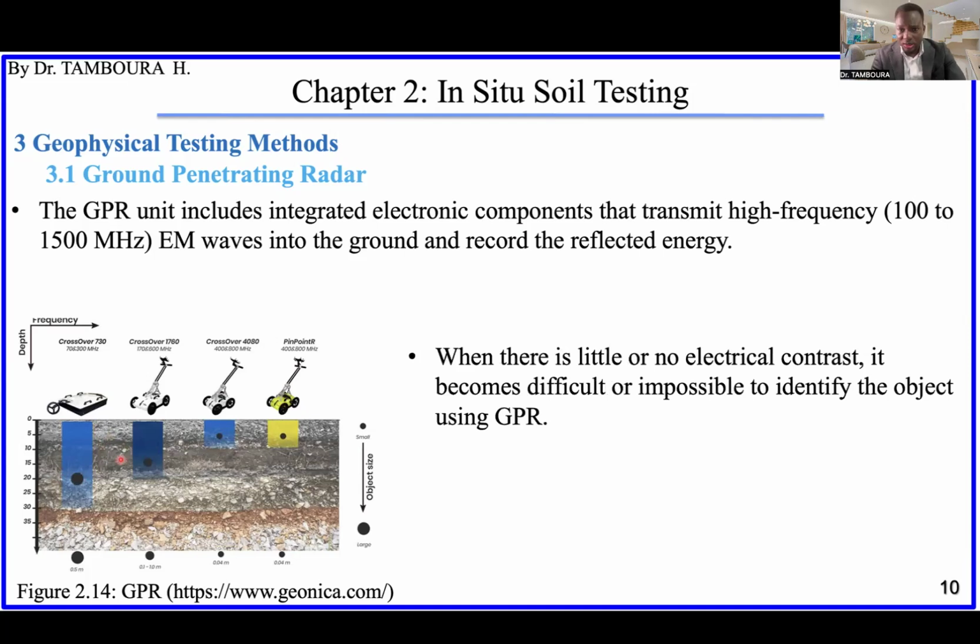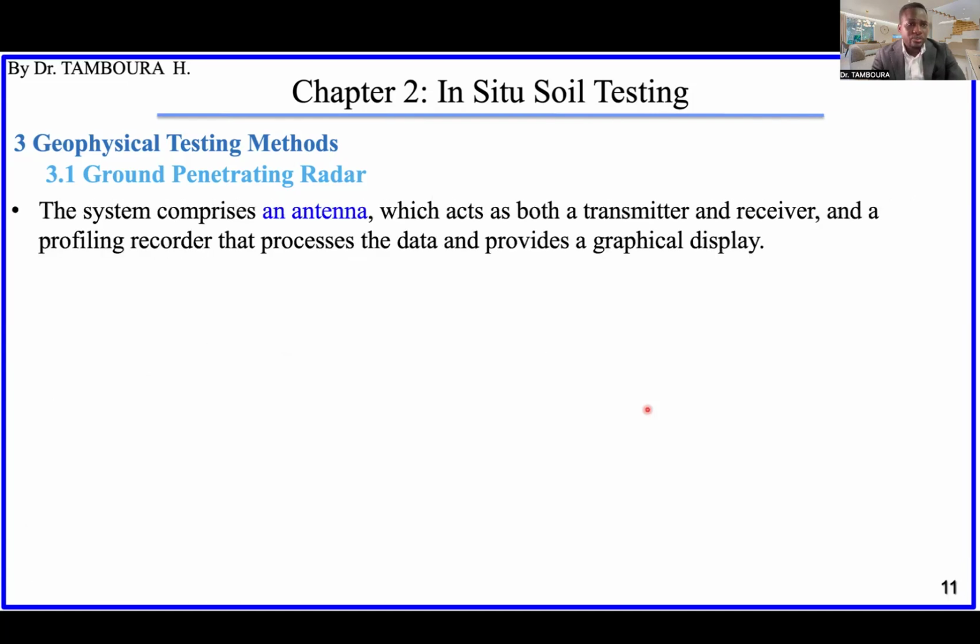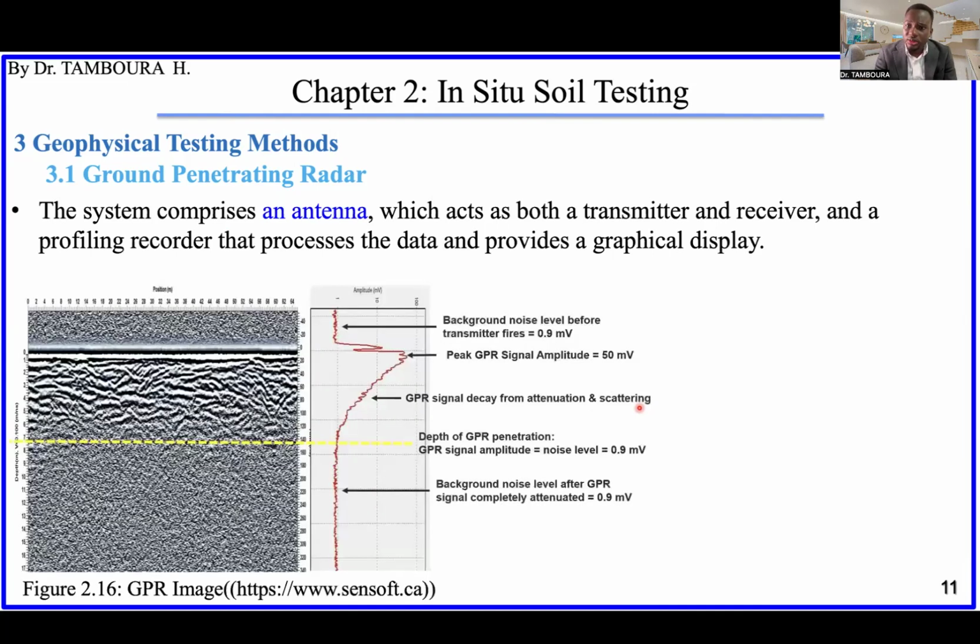When there is little or no electrical contrast, it becomes difficult or almost impossible to identify the object using the GPR. The system comprises an antenna which acts as both transmitter and receiver, and a profiling recorder that processes the data and provides a graphical display.